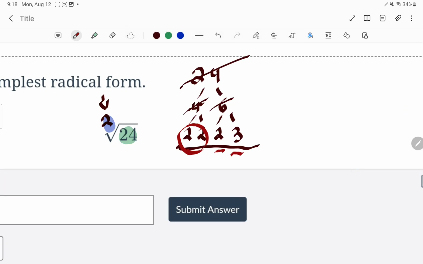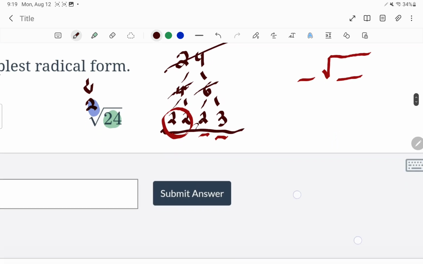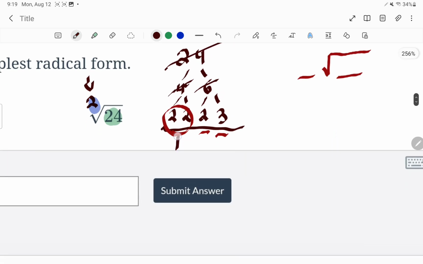Now, this is important. Whenever you simplify radicals, for the most part, you're going to write a radical, and there's going to be something on the outside and on the inside. Any circles that you have, we're going to put them on the outside.